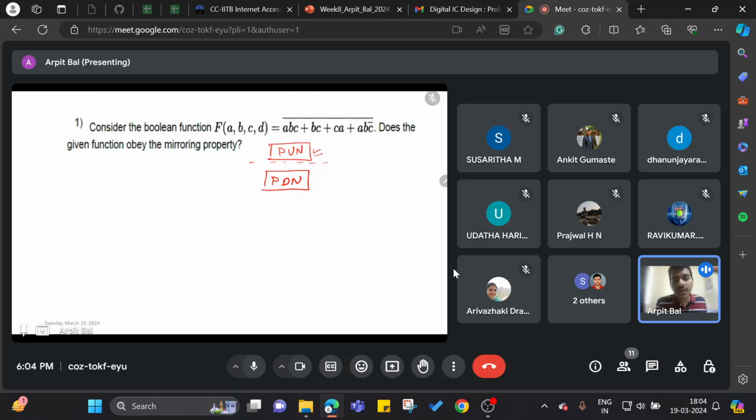But from the mirroring property what I mean is, let's say I have designed the pull down network, can I have the same schematic as the pull down network in the pull up network as well?